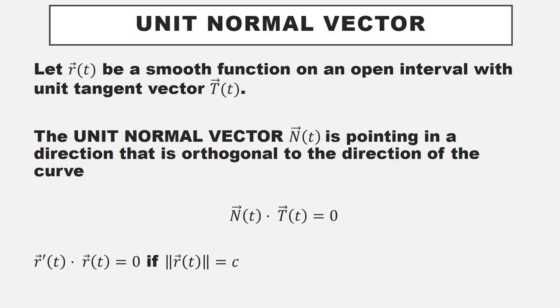And if I take any scalar times that, it's still going to be 0. So the unit normal vector is pointing in a direction that is orthogonal to the curve. By the way, it's always pointing in the concave direction as well. I will go over that when we do an example.